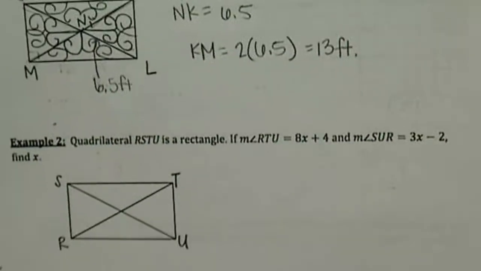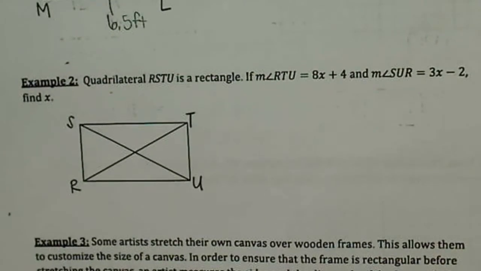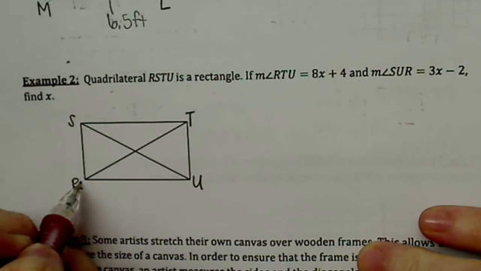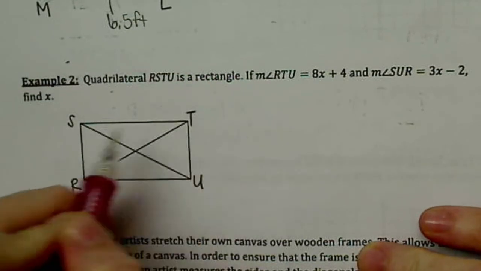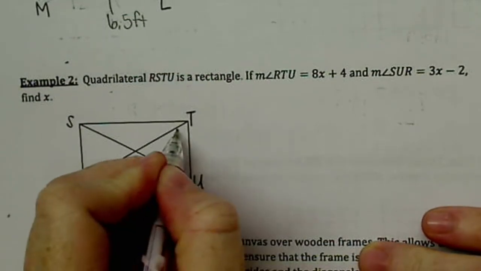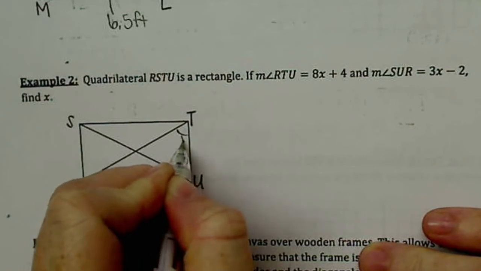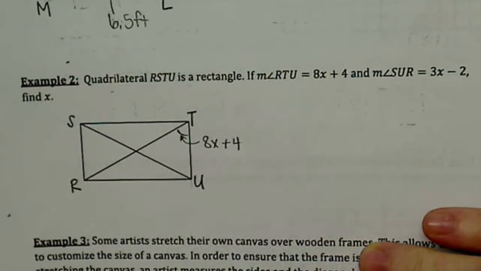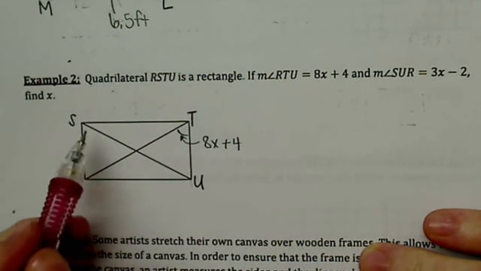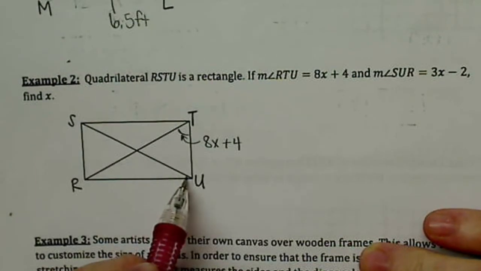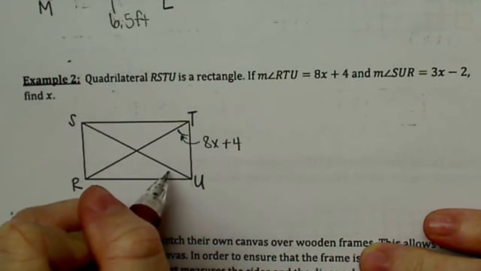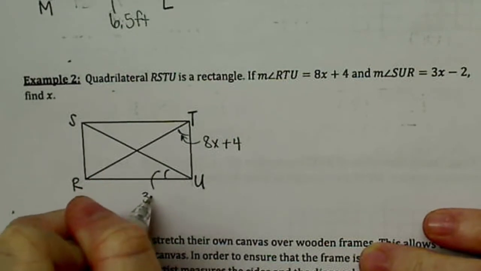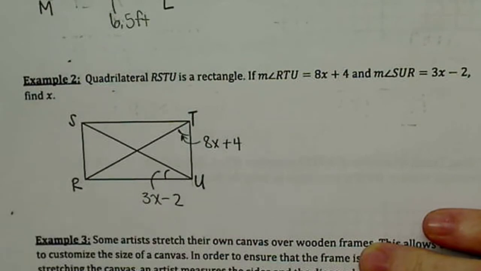Example 2. We know that angle RTU, this angle right here, is 8x plus 4. We know that SUR is 3x minus 2.